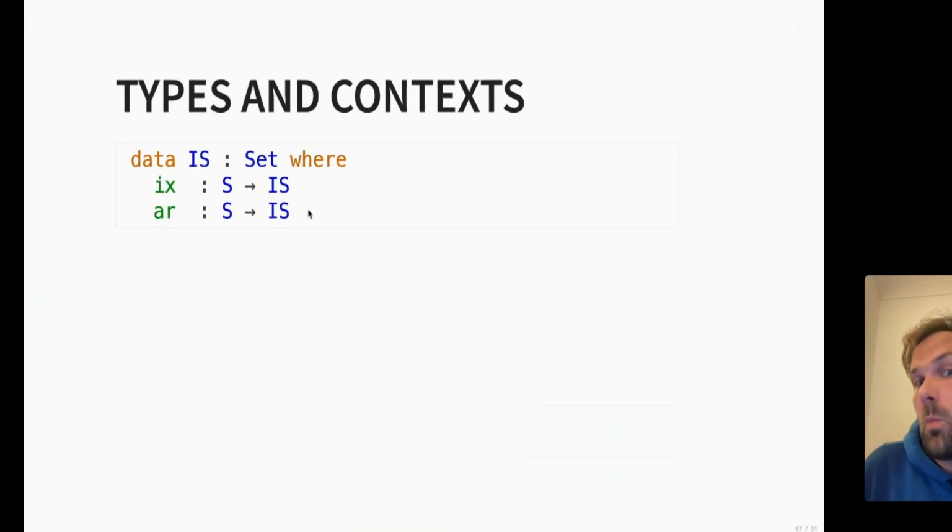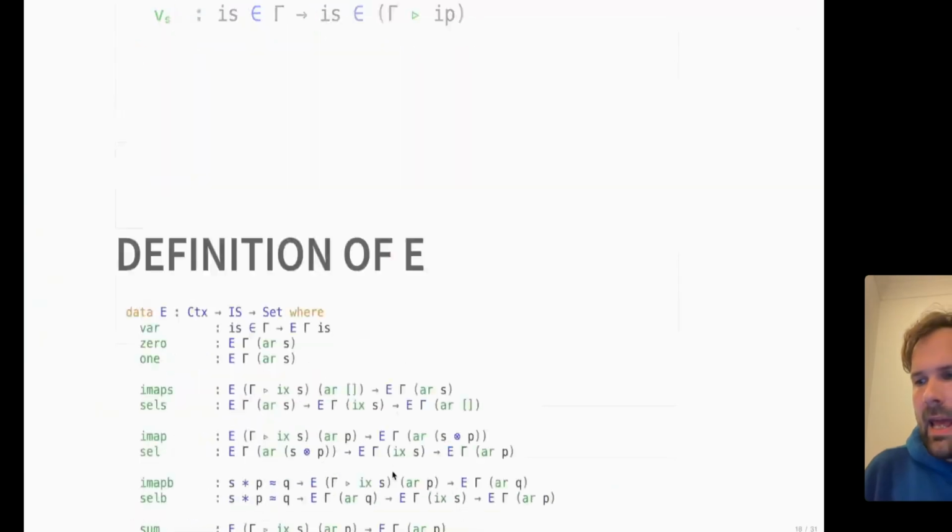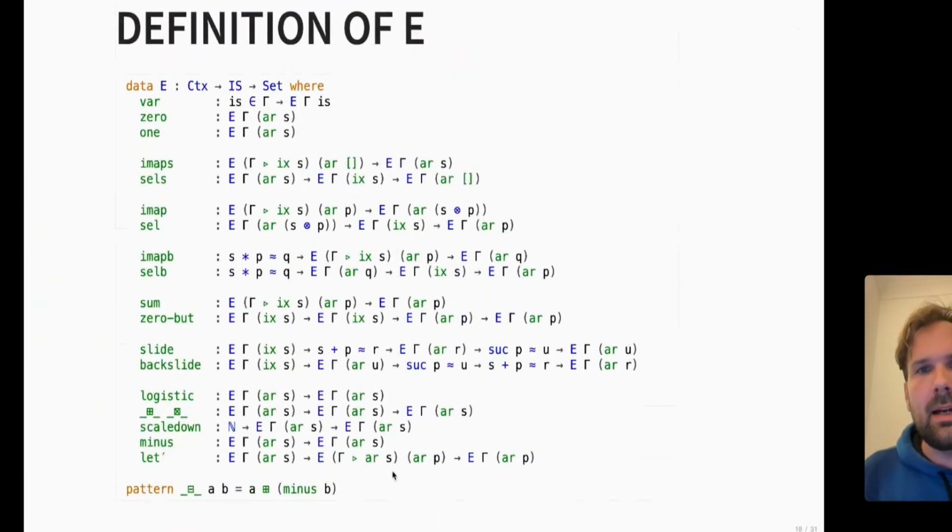So the values that we want in our language are either arrays of shape S or indices of shape S. This is it. We don't want anything else. Then we use a standard SNOC list of these ASs. We define the proof relevant dependent variables. And this is how our DSL looks like.